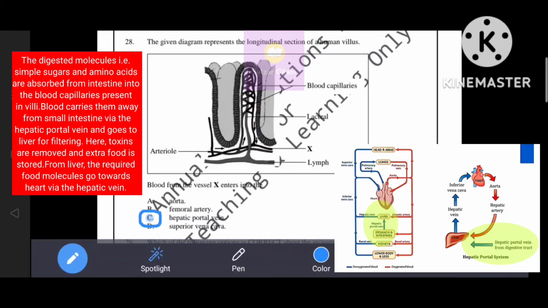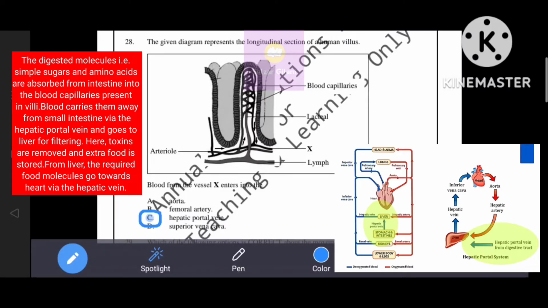As you know, the digested molecules, that is simple sugars and amino acids, are absorbed from intestine into the blood capillaries present in villi. Blood carries them away from small intestine via the hepatic portal vein and goes to liver for filtering.